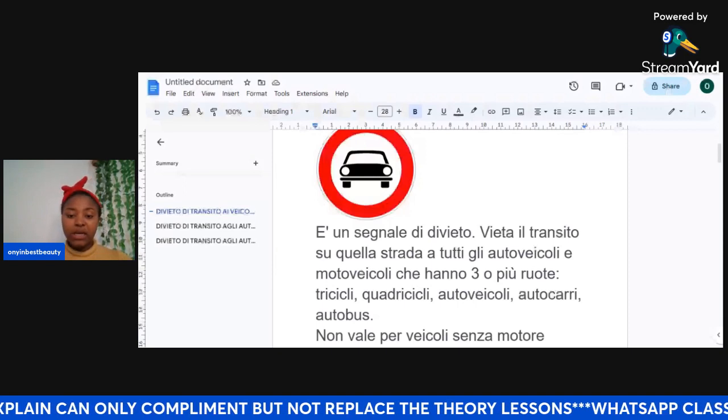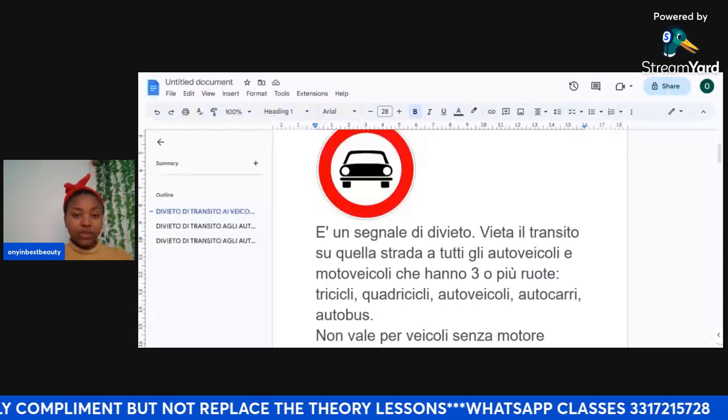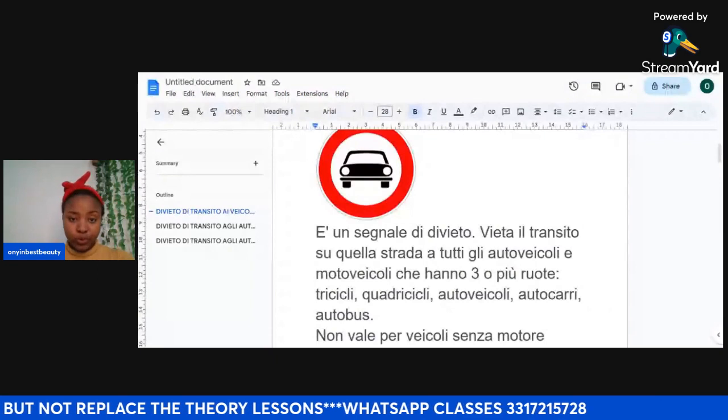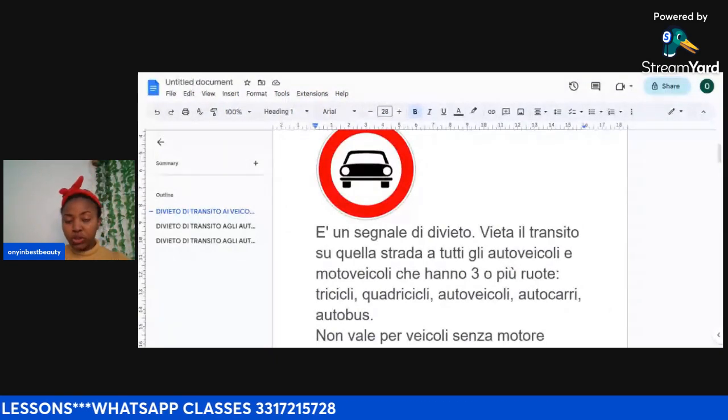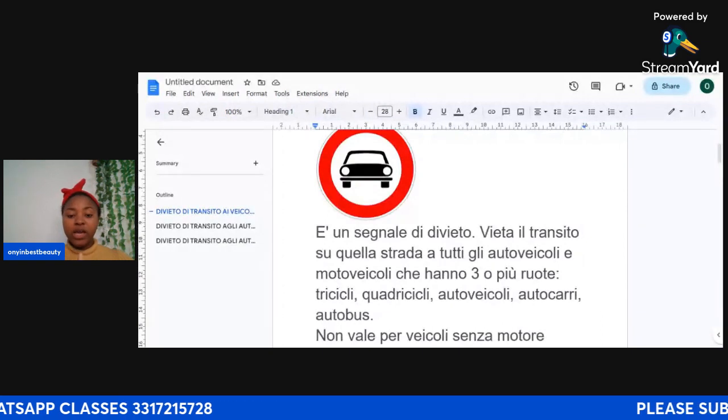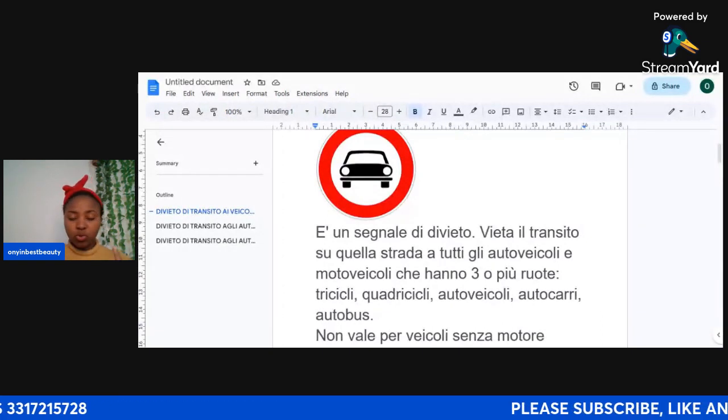What does this mean? If your vehicle has 3 or more tires, you're forbidden from entering this road. Auto vehicles, motor vehicles, if you find yourself in this category, please do not enter.